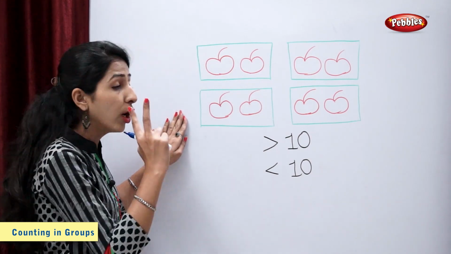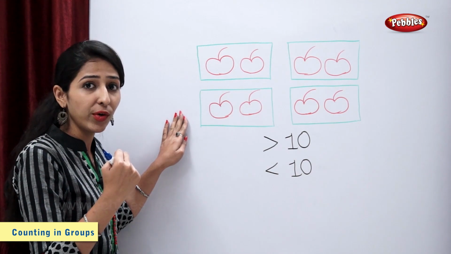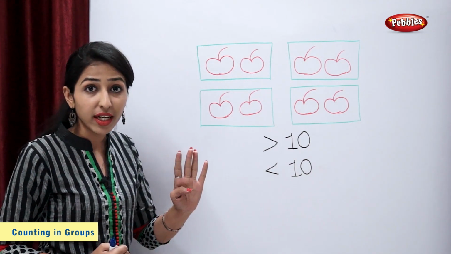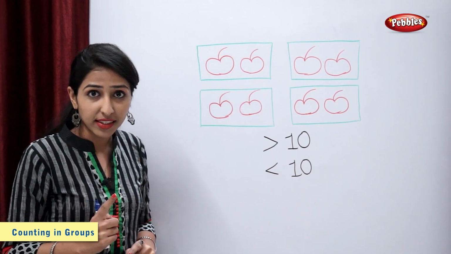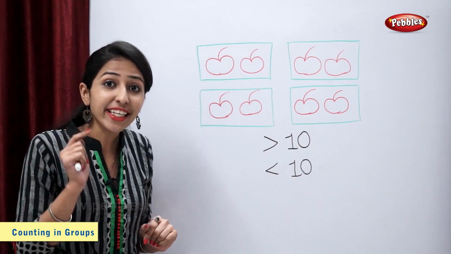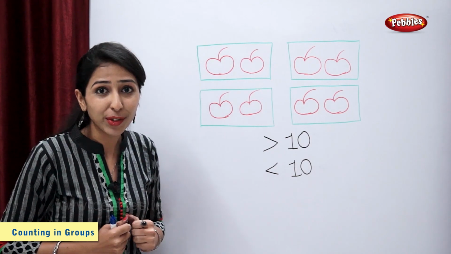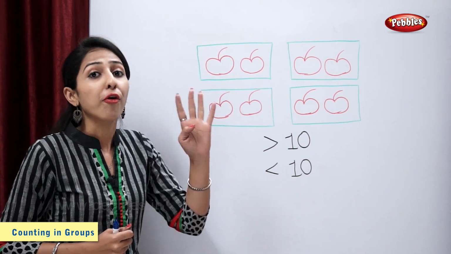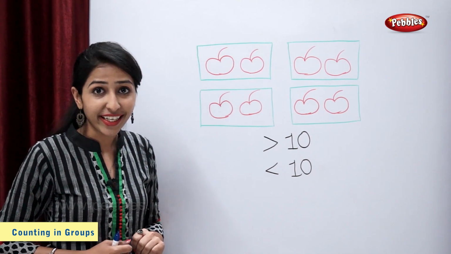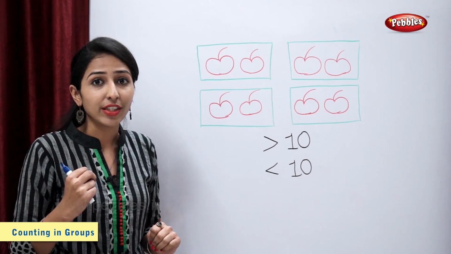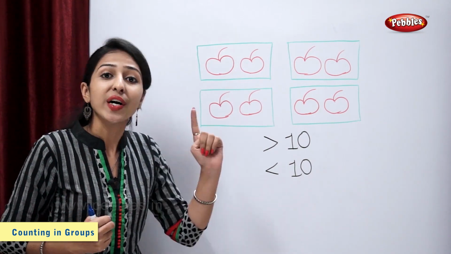There are 2 pairs in the second row. So there are total 4 pairs consisting 2 apples in each pair. So tell me students, there are how many total apples? 4 pairs containing 2 apples each. That is equal to 8.